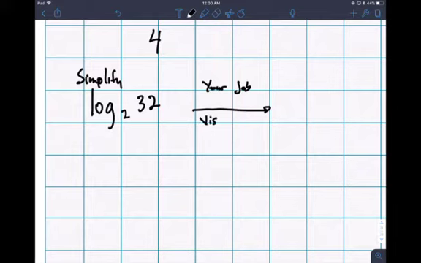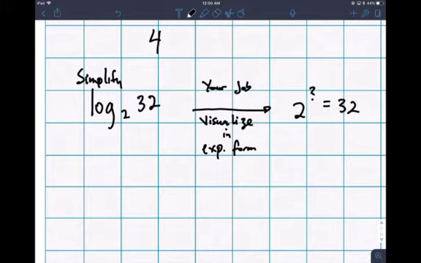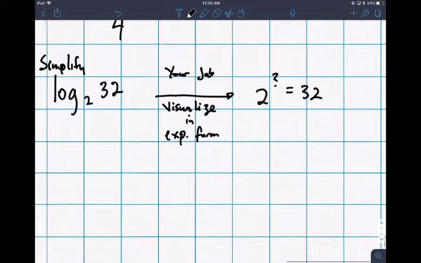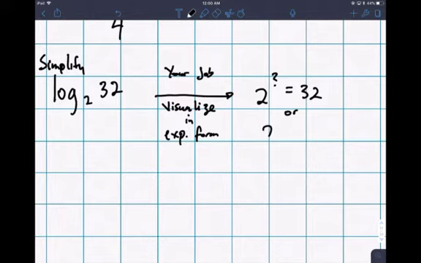Visualize it in exponential form. So this is the same thing as 2 to some power has to equal 32. So what is that power? Or 2 to the power of, I don't know what it is, I'm going to call that x is equal to 32.